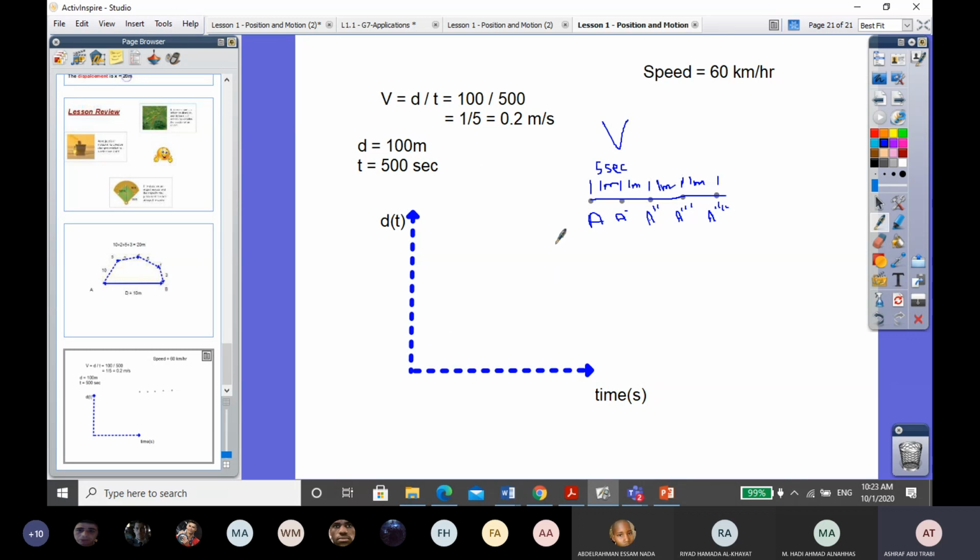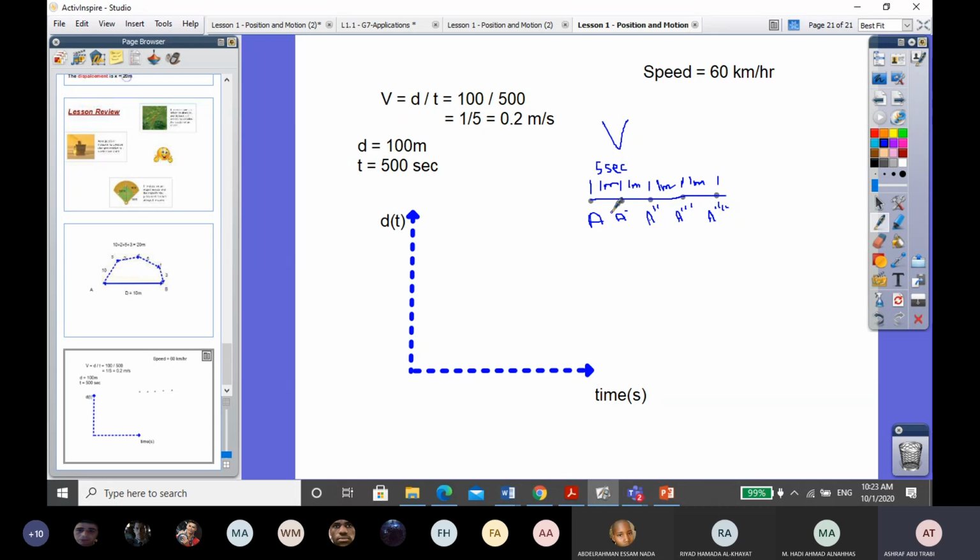If I want to know in which motion I am going, in uniform motion, you know what is uniform motion? Guys, can you hear me? Yes, Mister. So when I go from point A to A prime to A double prime and reach A four primes, with the same speed.